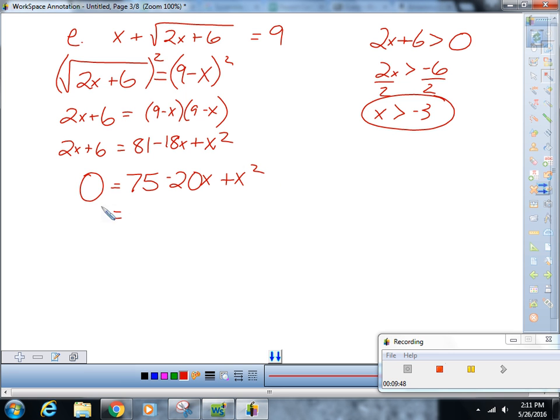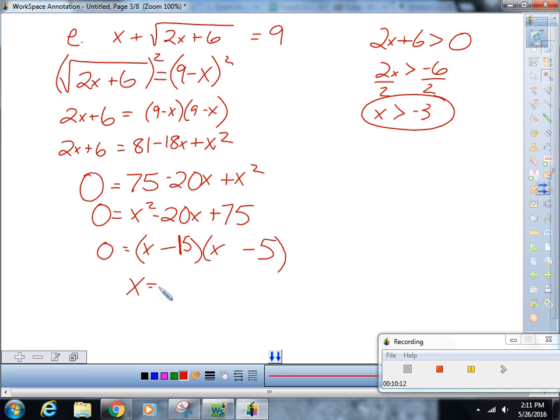Let's rewrite that in standard form. So it's x squared minus 20x plus 75. So we're looking for two numbers that multiply to be positive and add to be negative. So they've got to both be negative, and I think that is 15 and 5.